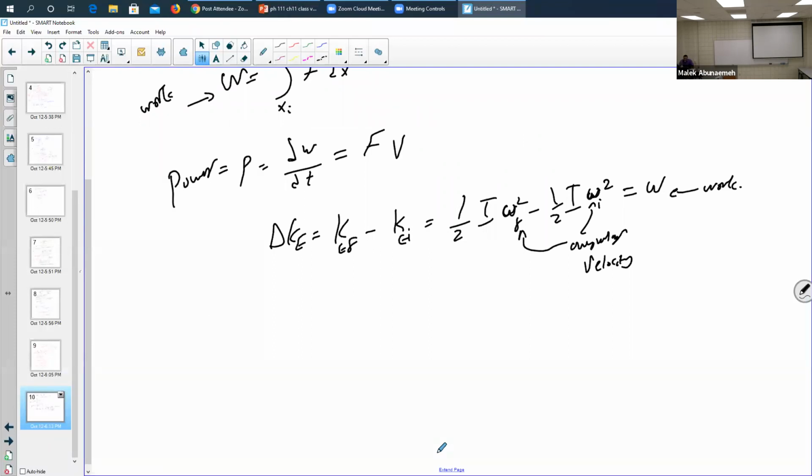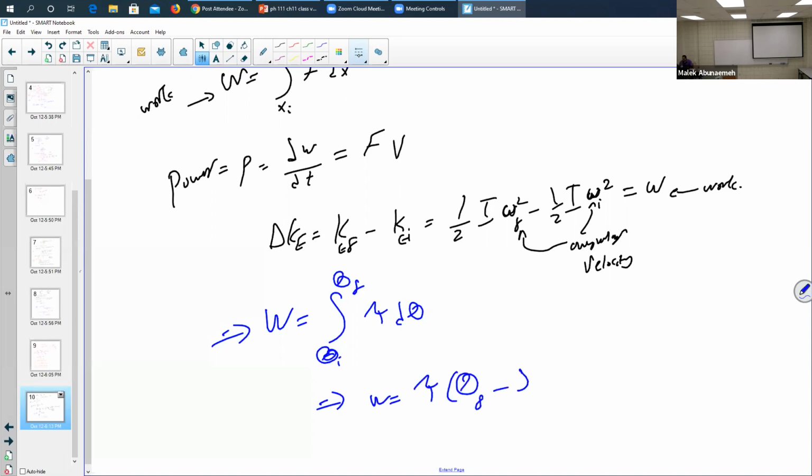That means your work equals the integral from initial theta to final theta of tau d theta, which means the work is going to equal tau times theta final minus theta initial.